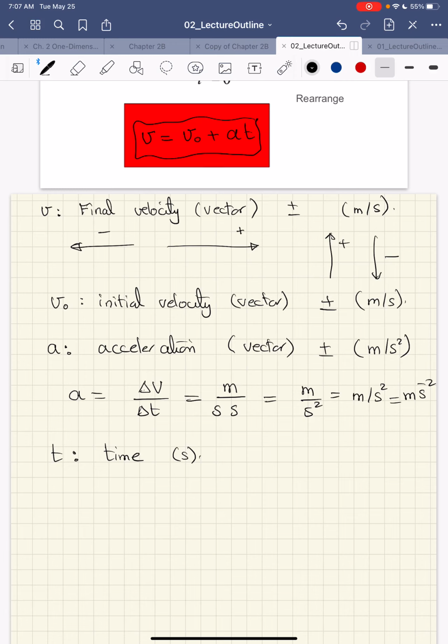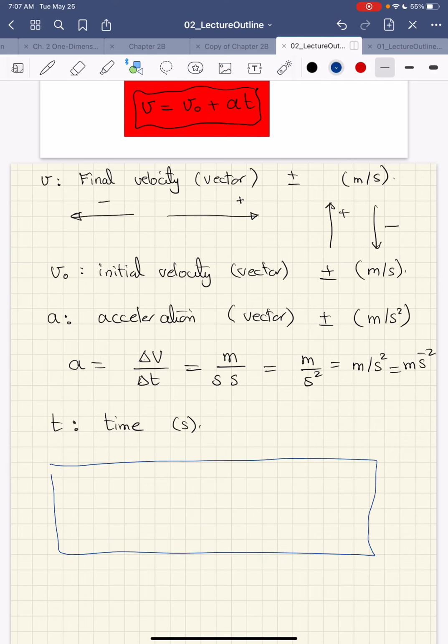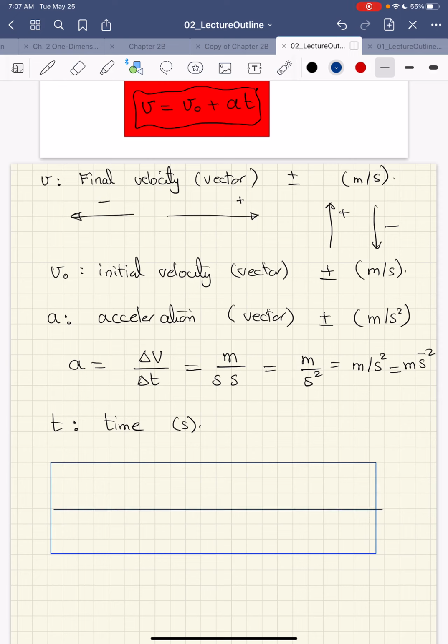Usually in my calculations, I like to prepare a table, because in each of these equations I have 4 quantities. Three of them will be known, and one of them is going to be an unknown.